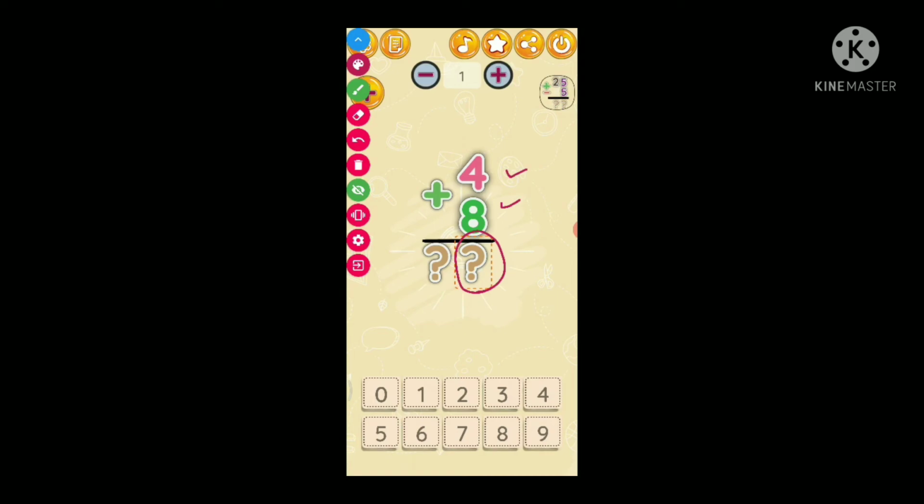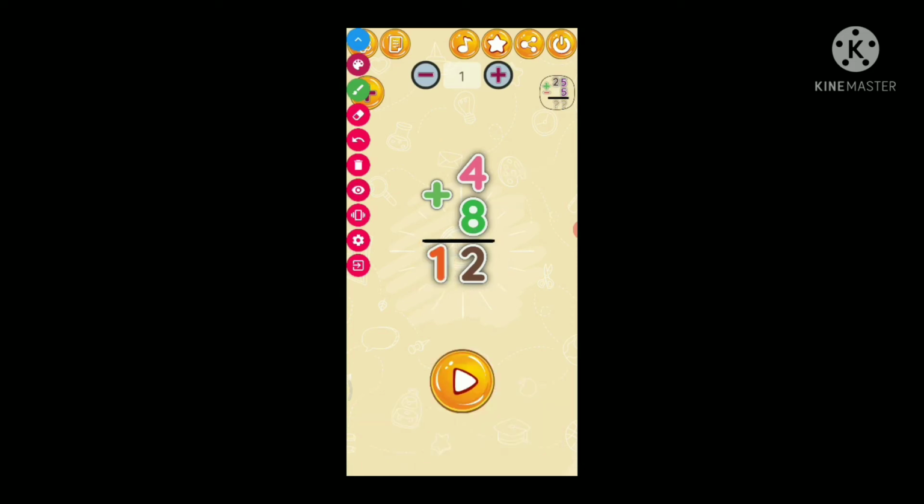You just add these two. Yes, so it will be what? 12. So we have to put 2 there, right? And 1 it will become here, right? So 1, now it will be placed where? In this one, right? So after putting 1, we'll get what? The correct answer, that is 12.